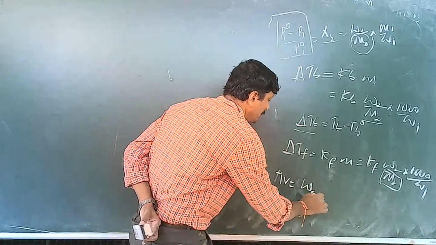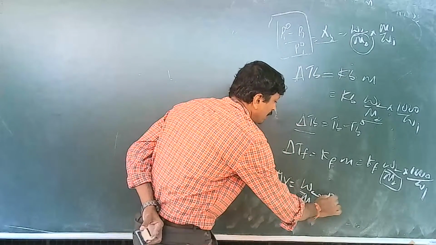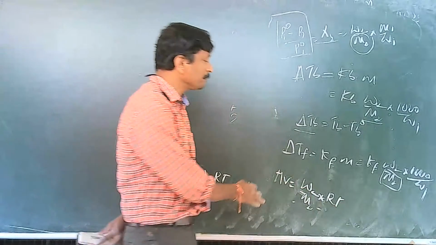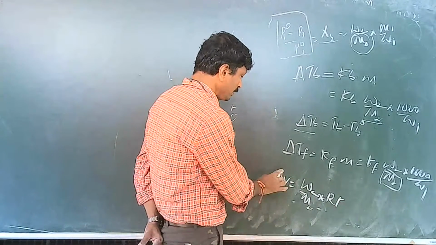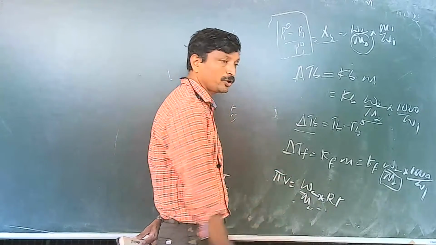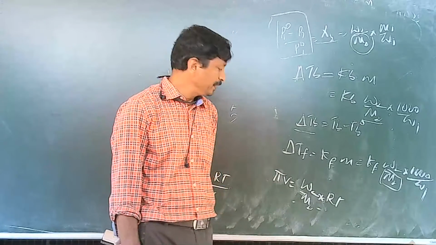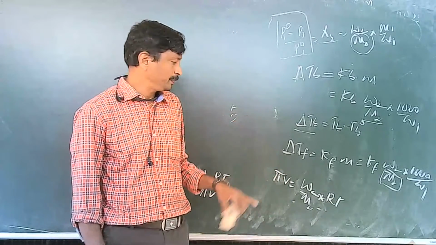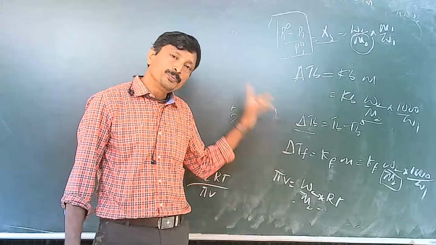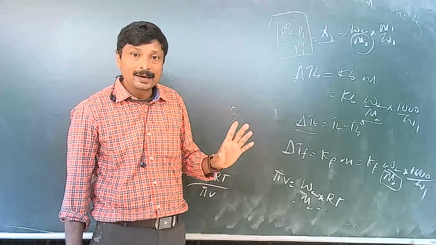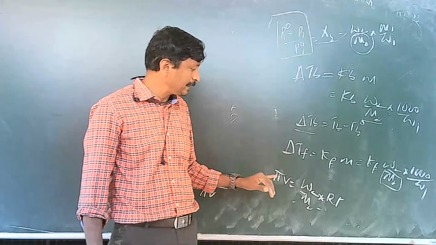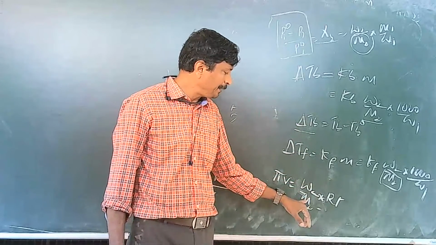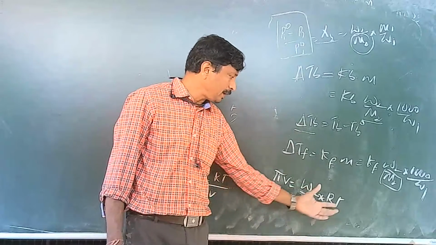Finally, we have discussed pi V is equal to W2 by M2 into RT. This is the osmotic pressure method. Here pi is the osmotic pressure. What unit do they usually give? Either in bar or in atmosphere. Then V should be in liters, W2 is the mass of the solute in grams, and M2 is the molar mass of the solute.